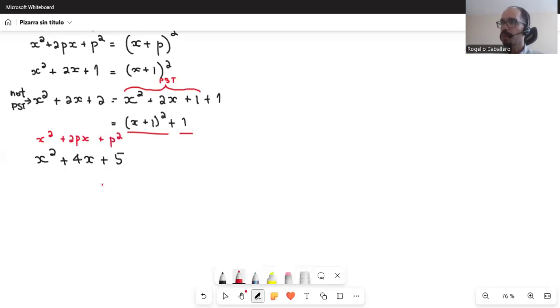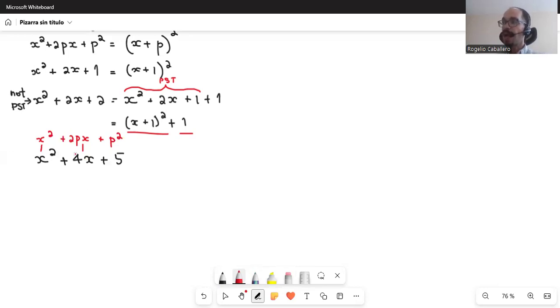This is going to be our model, what we're after. Now let's compare these two expressions. We have this x squared, which corresponds to this other term. We have that this second term 2px should correspond to this 4x.